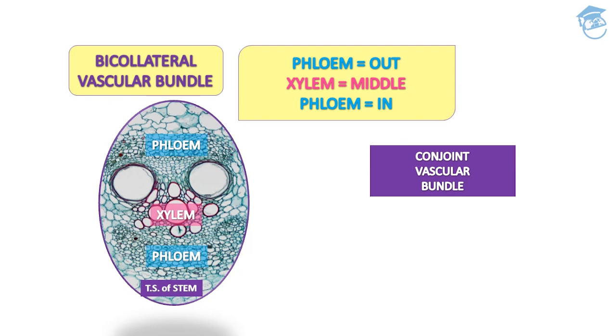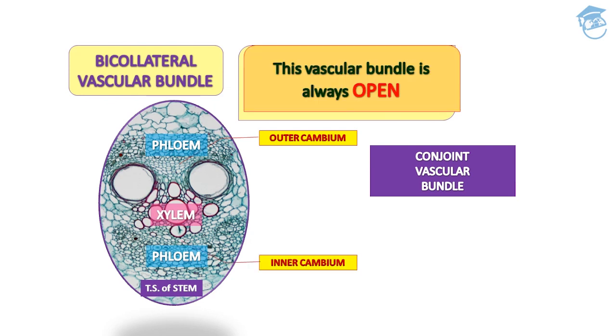Bi means two. So two phloem are there, and in between the two phloem xylem is present, and this is the outer cambium and this is the inner cambium. And this vascular bundle is always open type because it has cambium in it. If cambium is not there, then that bundle is called closed type. Okay, I have already taught you. And it is seen in which family? It is seen in Cucurbitaceae.